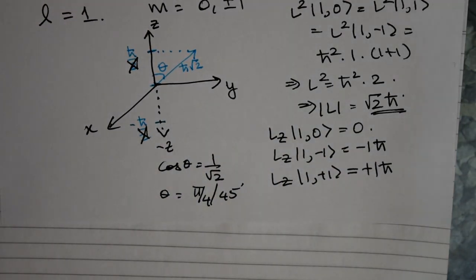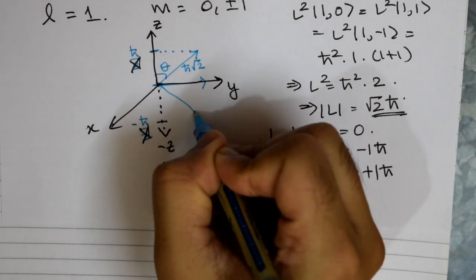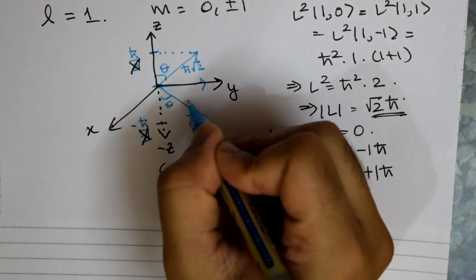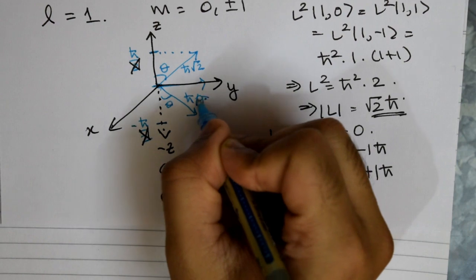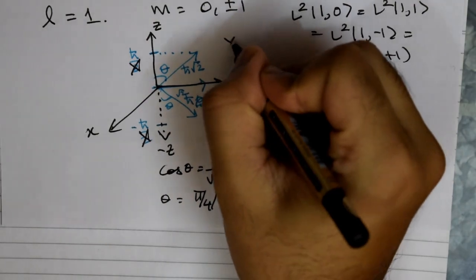So this means that Lz and L are not collinear with each other, and of course there are other vectors in this as well, each of which has the same magnitude of the length of the vector, but the projection on the z-axis is different. So now, having said this, we are able to determine theta out of the Y_lm.